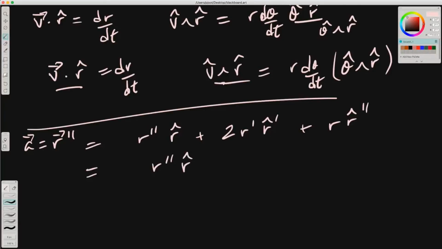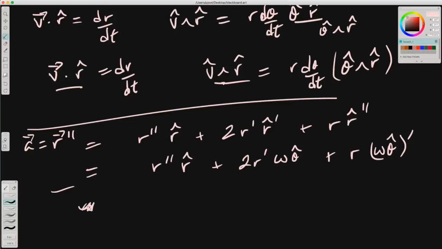R double prime r hat plus 2 r prime omega theta hat plus r omega theta hat prime.